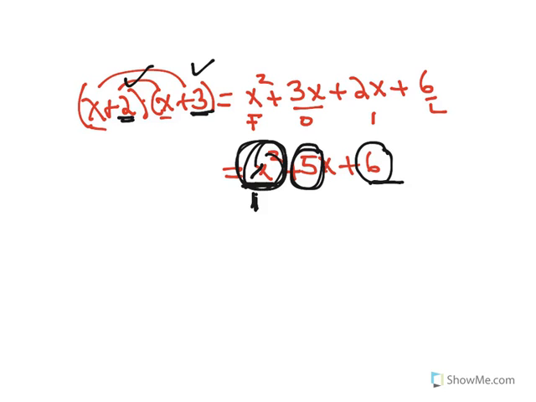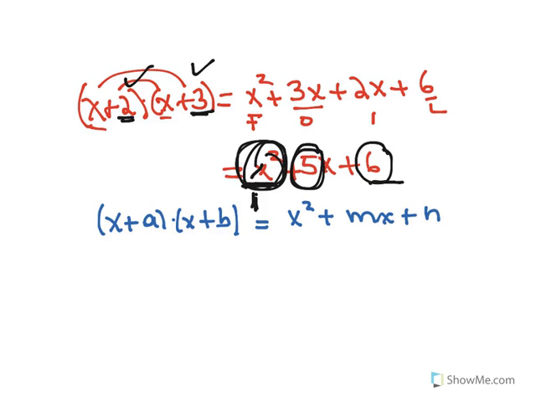Okay, so if I am multiplying x plus a times x plus b, right, I'm going to get x squared plus mx plus n.